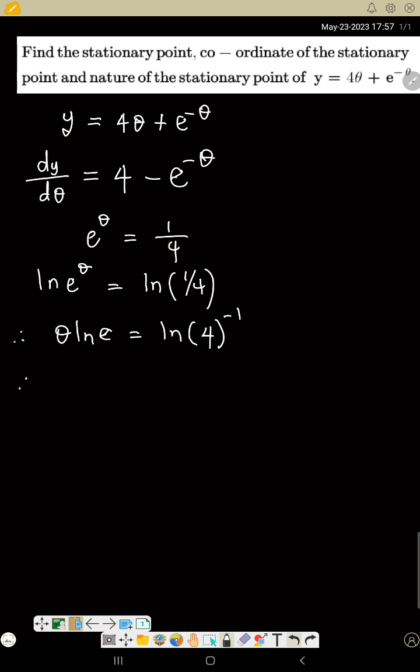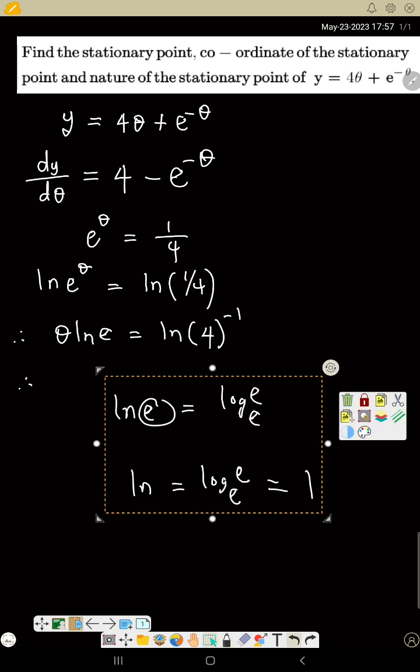So theta ln e. If you have ln e, it is the same thing as log e to base e. Remember, ordinary ln is log to base e, but we have e there, so I have to write the e. Log e base e is what? 1. So that means ln e is 1.